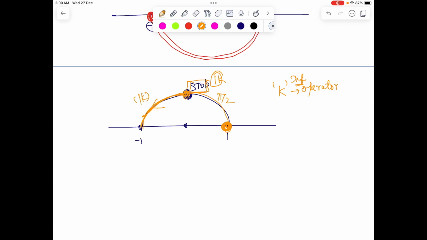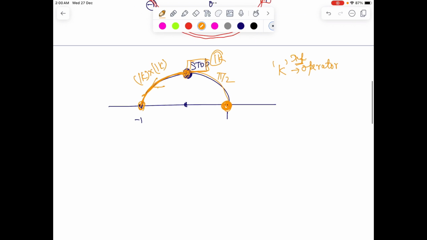So we have 1k into 1k, and finally we'll end up at minus 1. So by definition, if I define k operator like this, we are tempted to tell that k square is minus 1, which has a very practical and physical meaning.